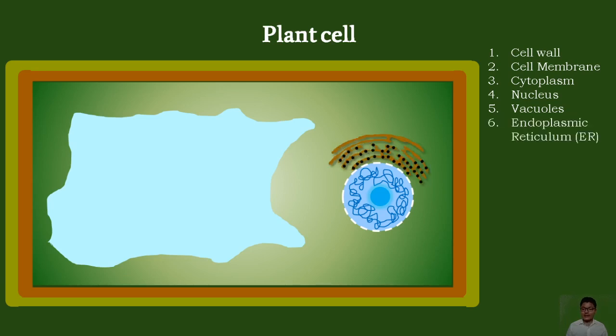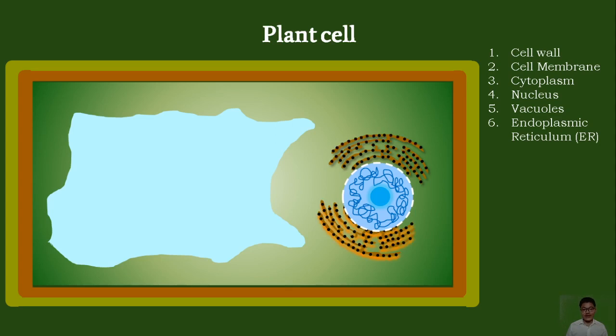Then around the nucleus we have endoplasmic reticulum. Endoplasmic reticulum may have ribosomes on it. Ribosomes here are shown as dark black dots. Ribosomes present on endoplasmic reticulum give rough endoplasmic reticulum.